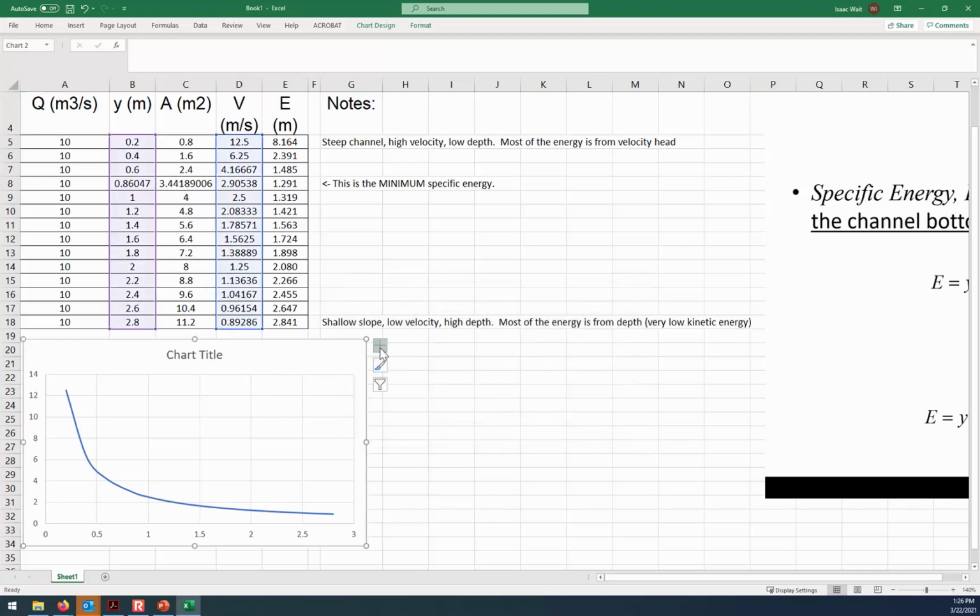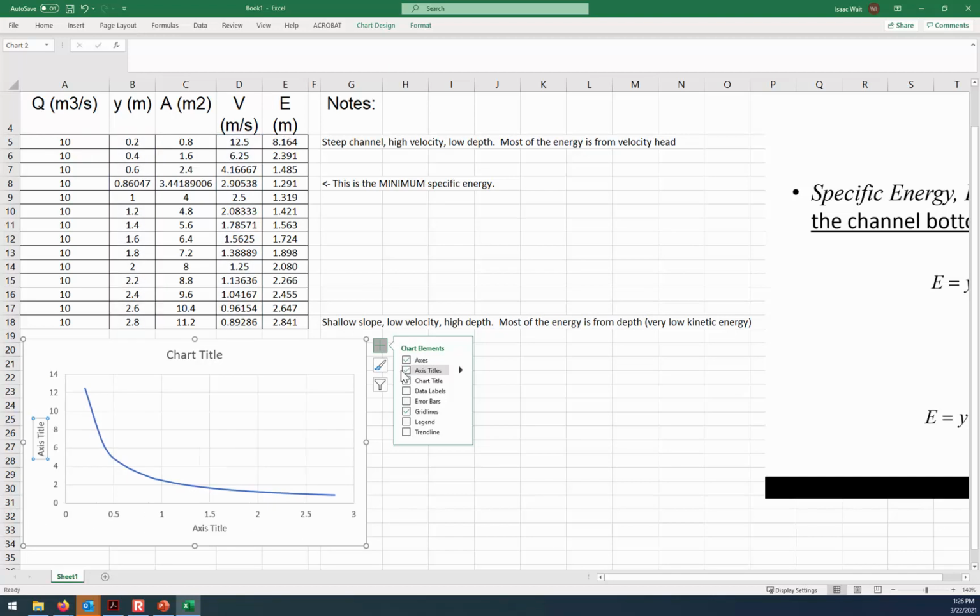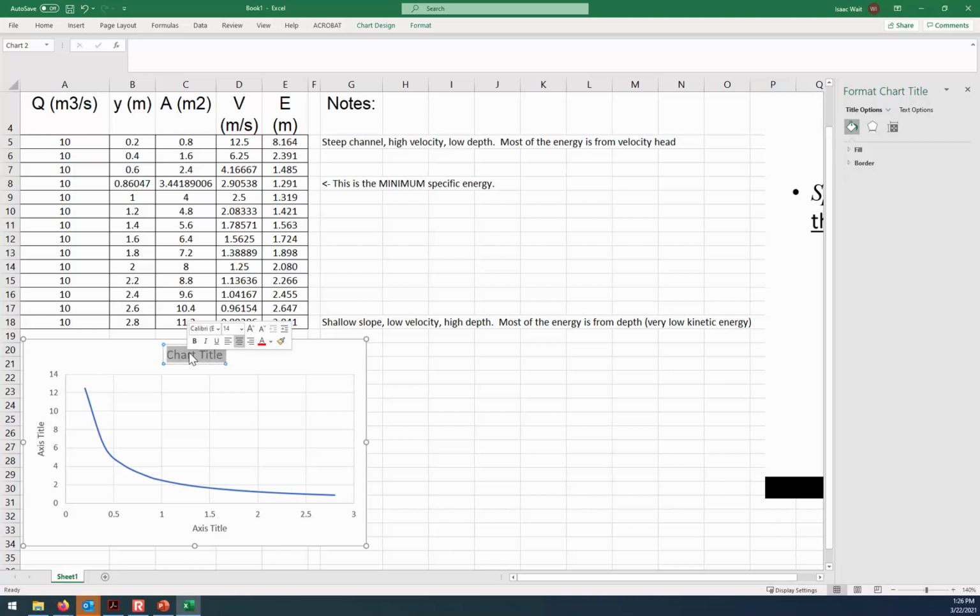All right. Let me turn on the axis titles. Depth versus velocity. And here I've got velocity in meters per second.